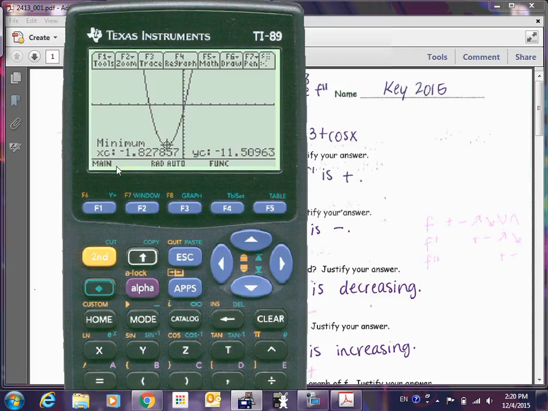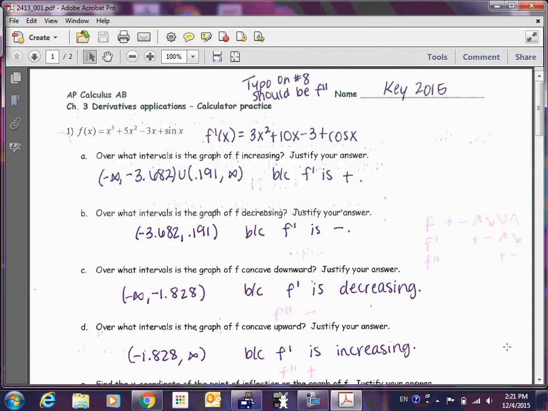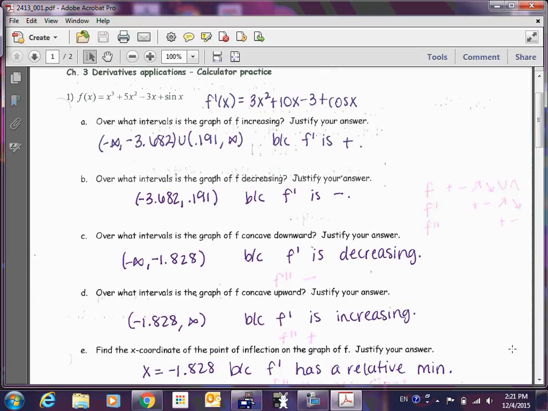So what is this x value representing on the graph of just plain f? This is where f prime changes from increasing to decreasing. Point of inflection. So that kind of leads us through the next part of this.